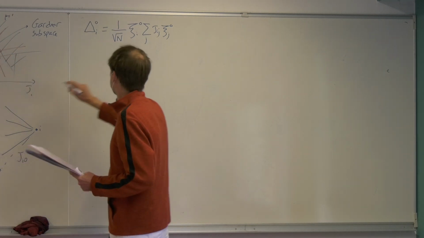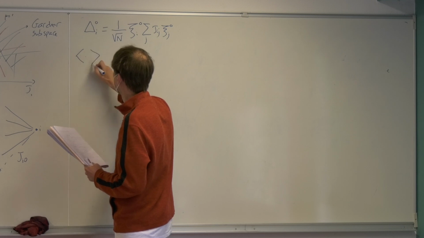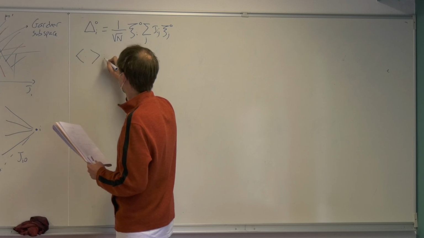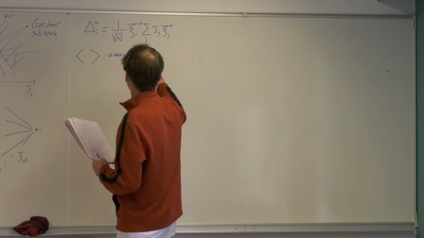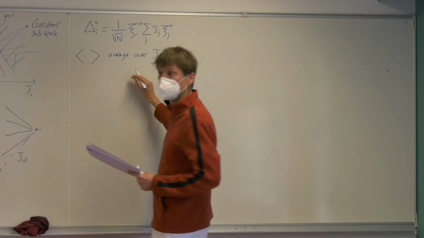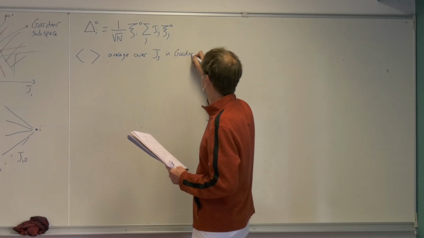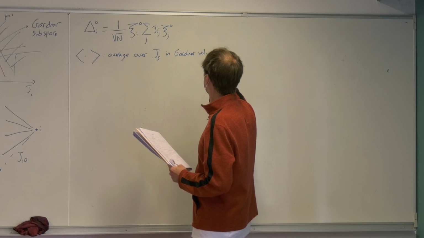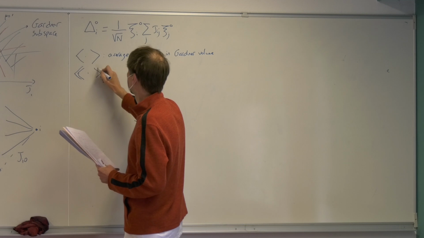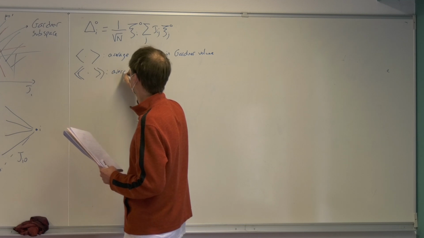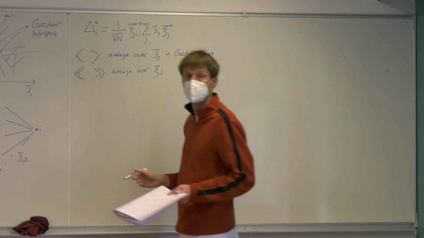So now what we can do is we can look at the distribution of these delta i0s over this Gardner subspace. And so now we introduce 2 different types of averages. So we have a single bracket. This is an average over J's in the Gardner volume. And again, I'll have these double brackets, which is the average over the size, the random patterns.